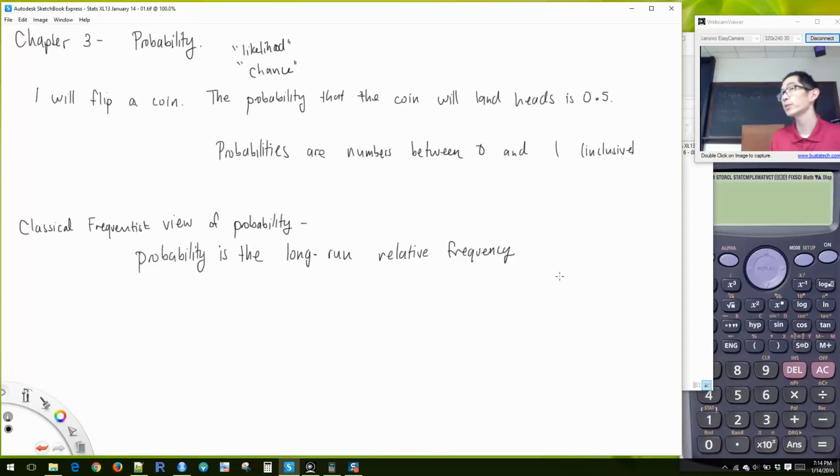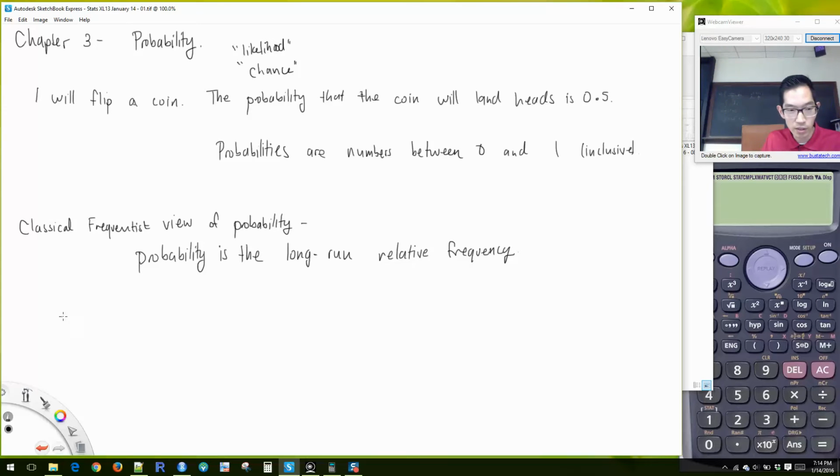Meaning that if I were to flip the coin millions of times, billions of times, and if I were to keep track of how often it landed heads versus tails, and I kept a running journal of all of this, then after many, many, many coin flips, the relative frequency that I would observe should be 0.5 or something very close to it.